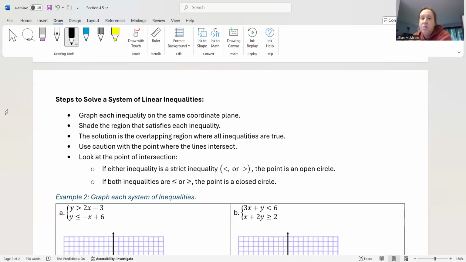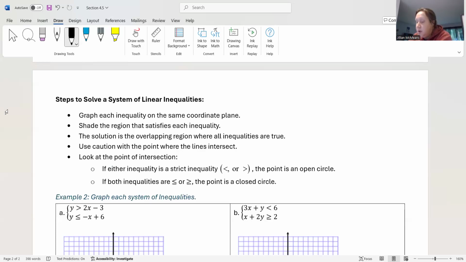Then you do need to use caution with the actual point where the two lines intersect. The only time you include that point is if both inequalities have the or equals to inequality symbol. If you have even just one strict inequality, just less than or just greater than, then you can't include that point because it doesn't satisfy both inequalities.